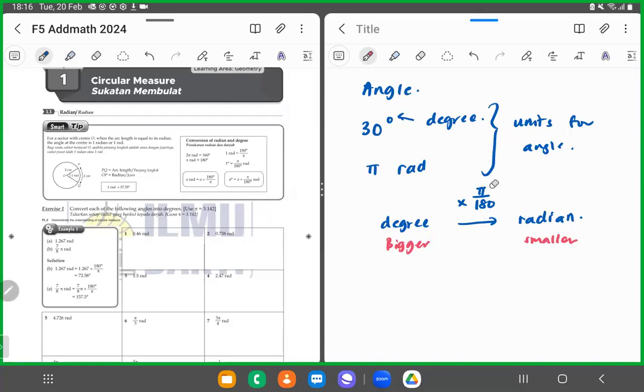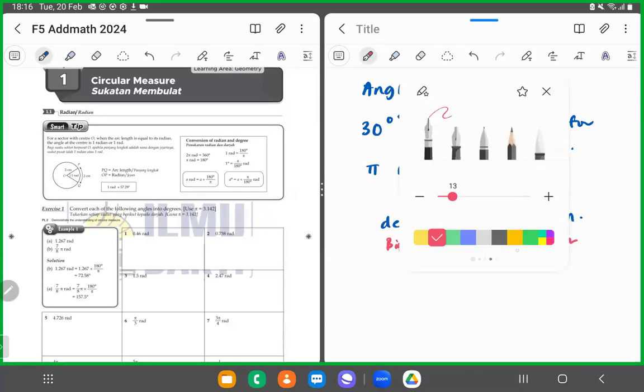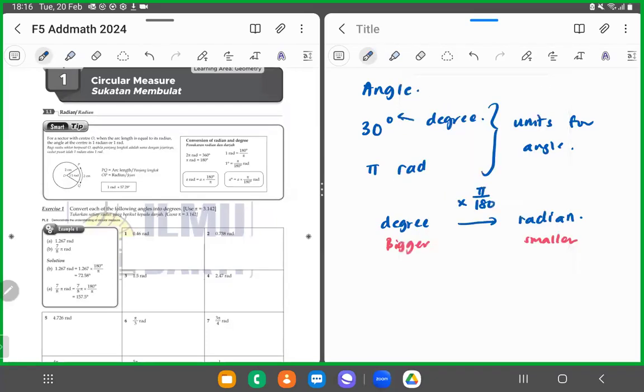So you multiply by pi, which is a smaller number, and divide by 180, so you get a smaller answer. From degree to radian, you multiply by pi over 180. If you want to go from radian to degree, then you multiply by 180 over pi.